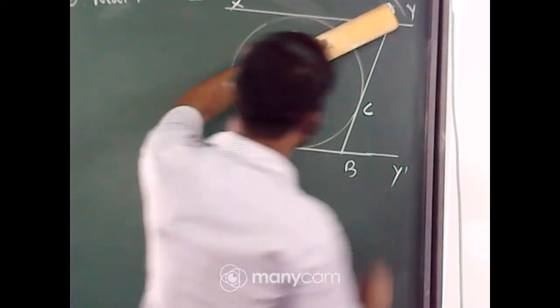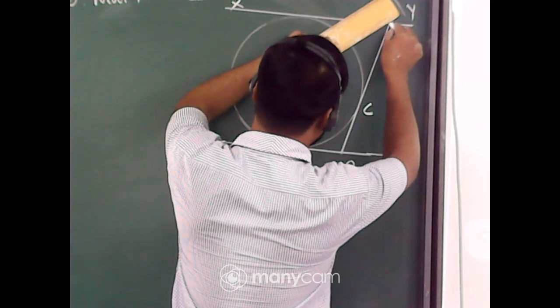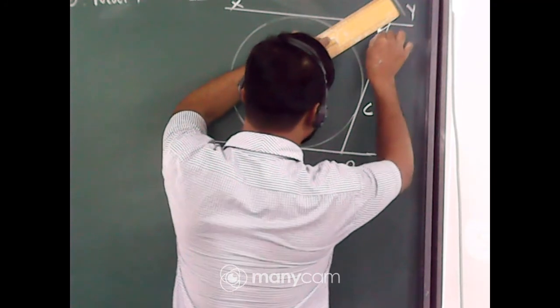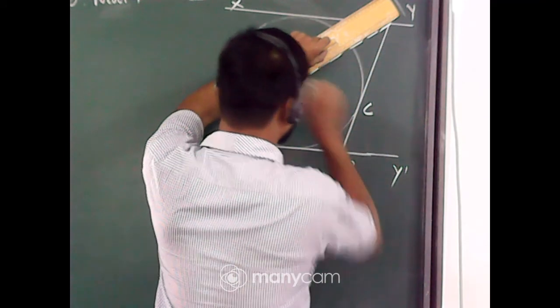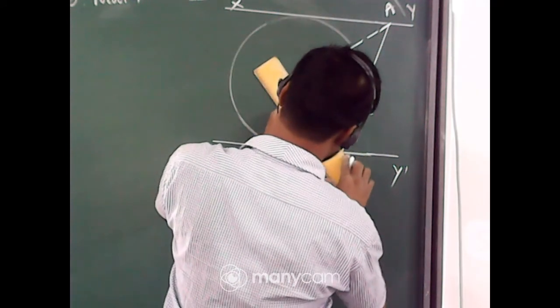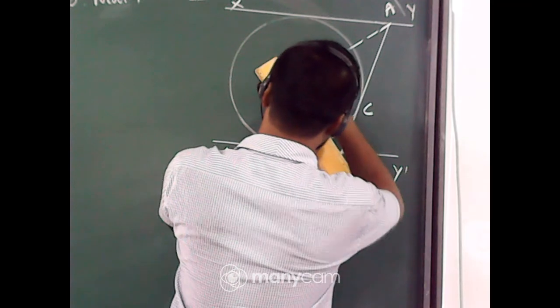So we have to prove that this angle AOB will be 90 degrees.